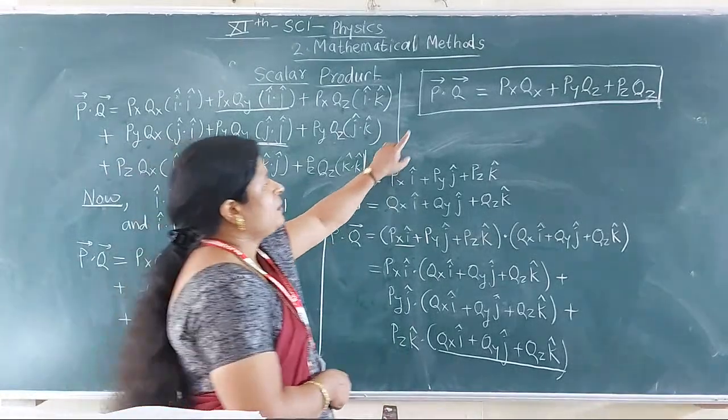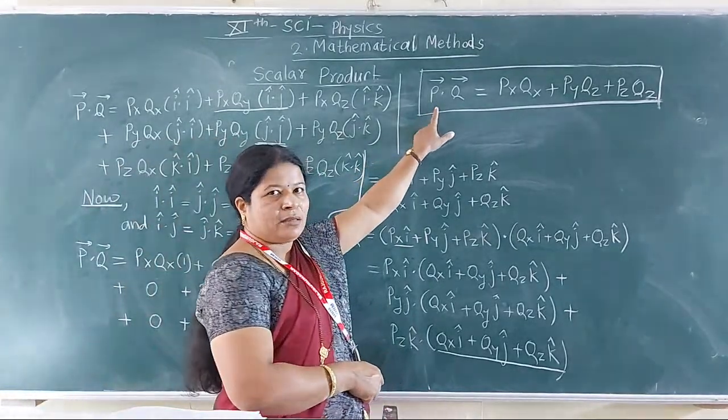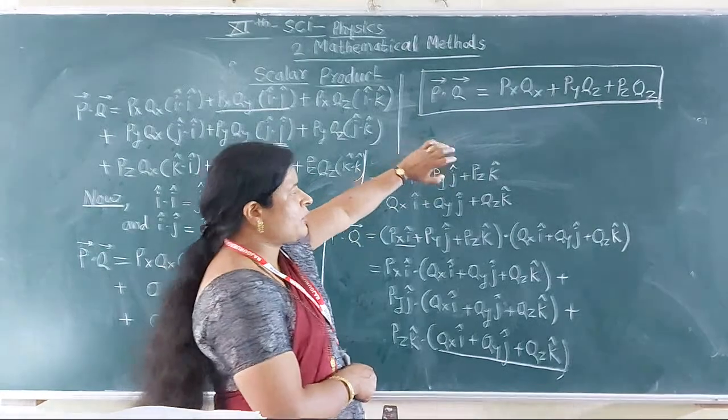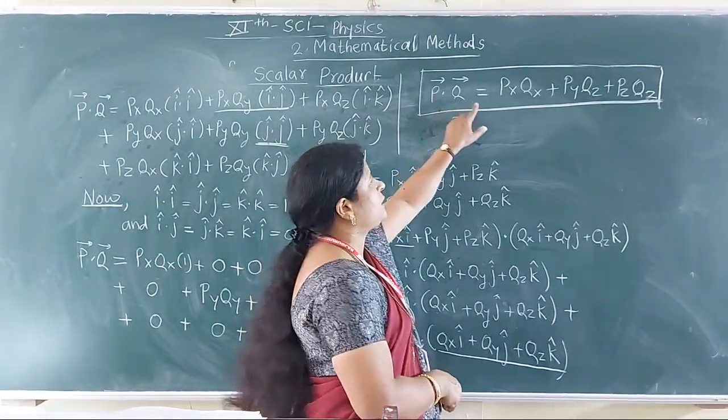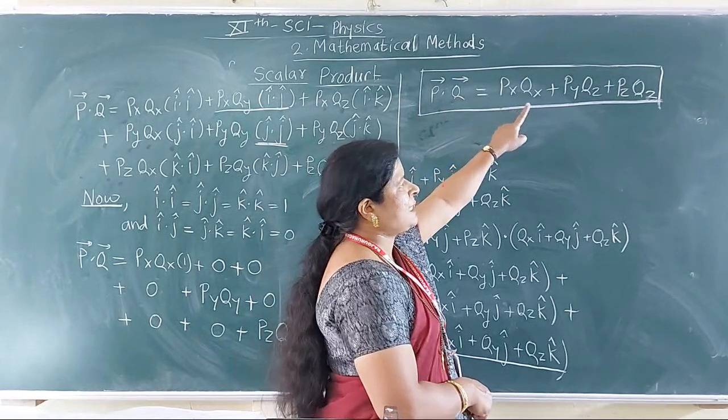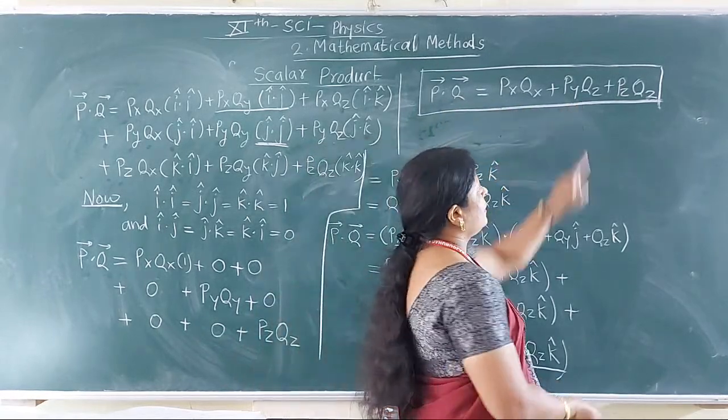So we get the scalar product in rectangular components; we can express it as vector p dot vector q is equal to px qx plus py qy plus pz qz.